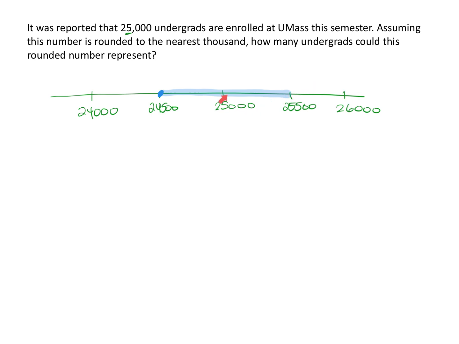It would not round down to 25,000, so I'm not going to include the 25,500. So there could be anywhere from 24,500 to 25,499. Anywhere in there could have rounded to 25,000 to the nearest thousand.